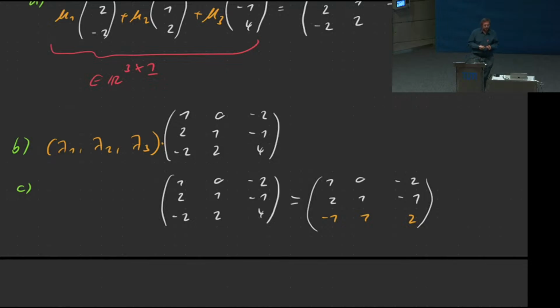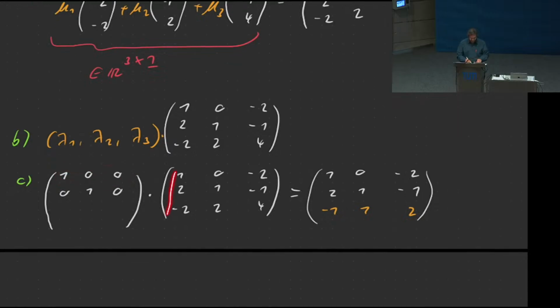So the first two rows are unchanged. And what we have to do here is, of course, use almost the identity matrix. Right? If I do this, then this row times this column will be this entry.